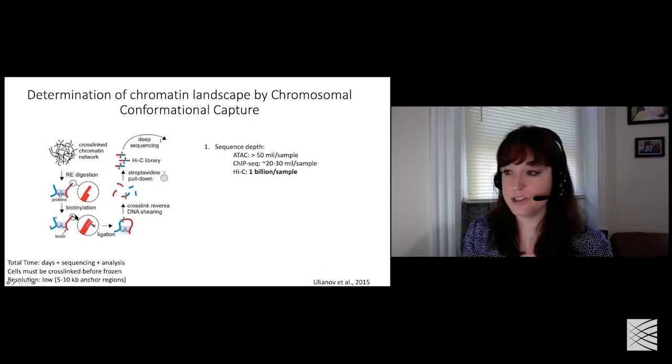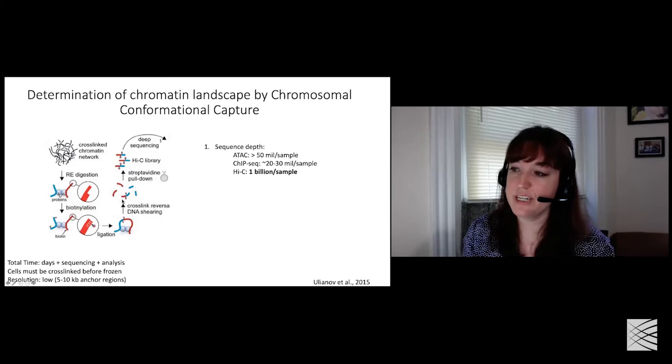So you do your restriction enzyme digest and add your biotin to these ends, right? And then what you do is a ligation step that will ligate these biotinylated DNA ends together. So now you don't need the proteins that are physically keeping them together. You've actually physically ligated your DNA together. Then you remove your proteins by reversing the crosslink, and then you shear by physical sonication, similar to ChIP-seq.